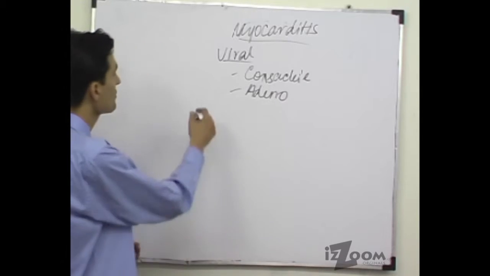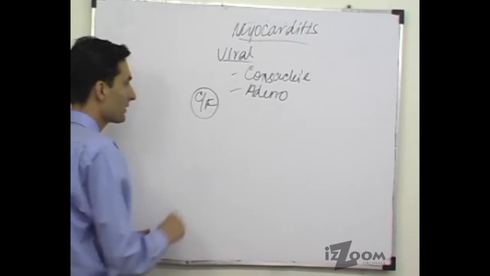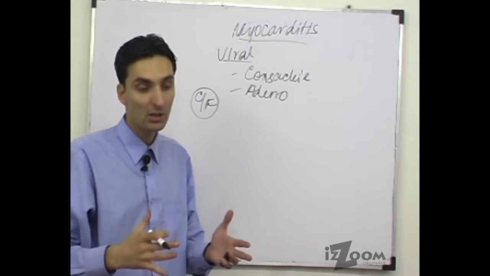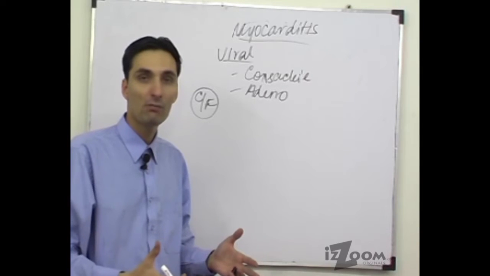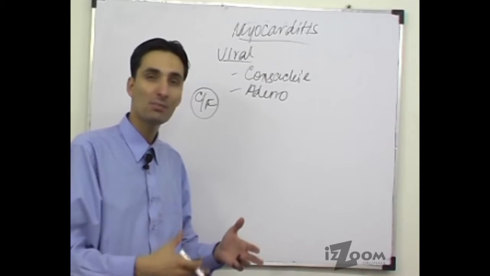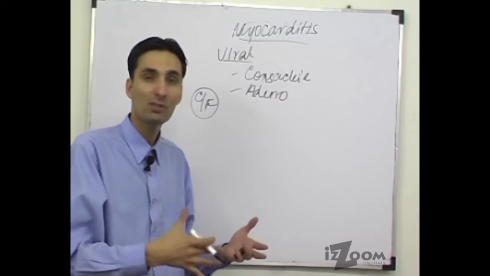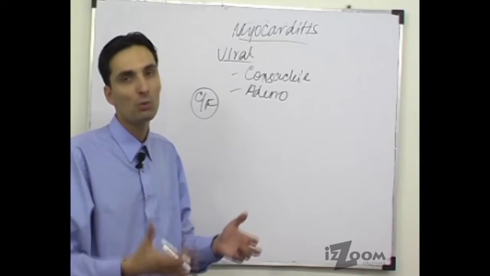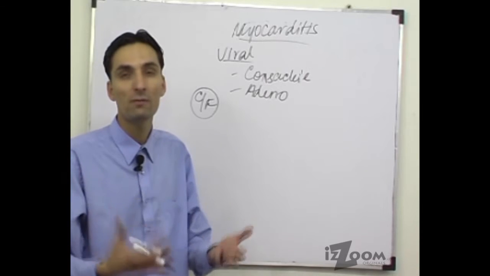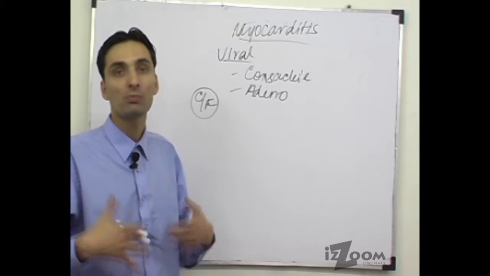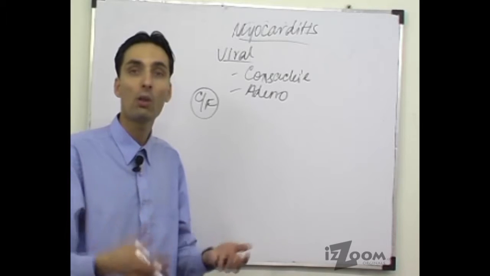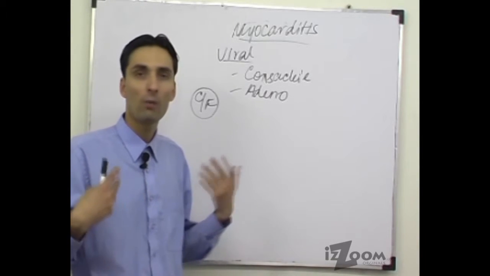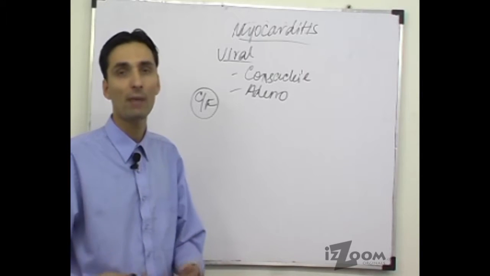How do these patients present to you clinically? Well, the clinical features of myocarditis can vary: from individuals who are asymptomatic, to individuals who present with mild symptoms who recover spontaneously, and individuals who present with severe myocarditis, with all the features of heart failure, such as dyspnea, orthopnea, paroxysmal nocturnal dyspnea, hepatomegaly, peripheral edema.